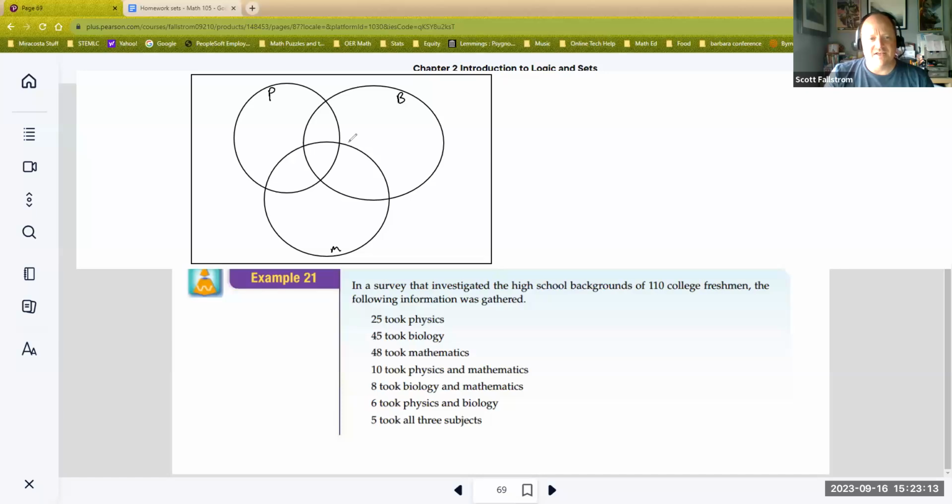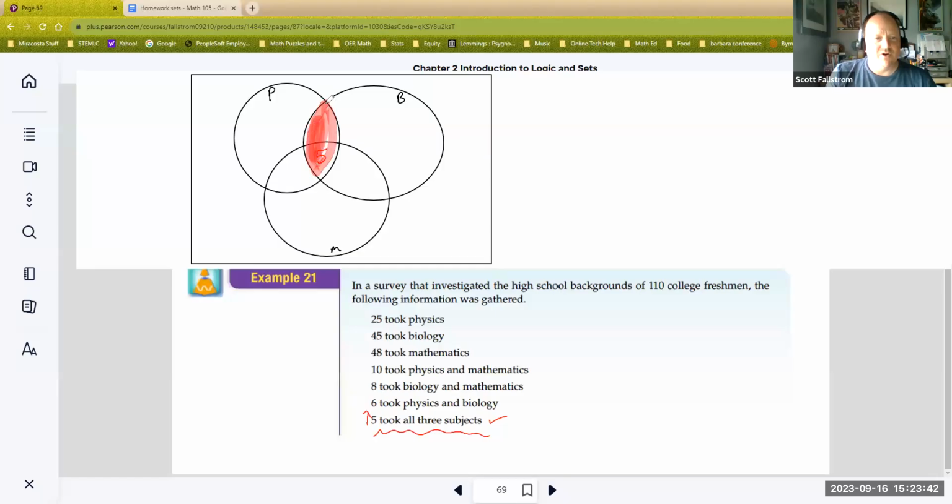Look for clues that can fill in an entire region. If you have a clue that says, hey, something about all 3, grab it. So here it says 5 took all 3 subjects. So I could put the 5 right in the middle because I know that I've got that clue. Now, the next clue says 6 people took physics and biology. So pause for a moment. Physics and biology would be the intersection.